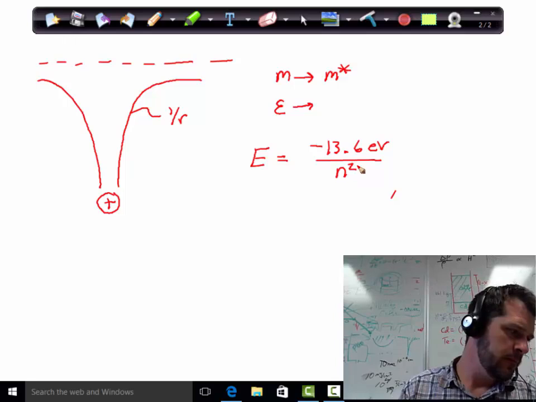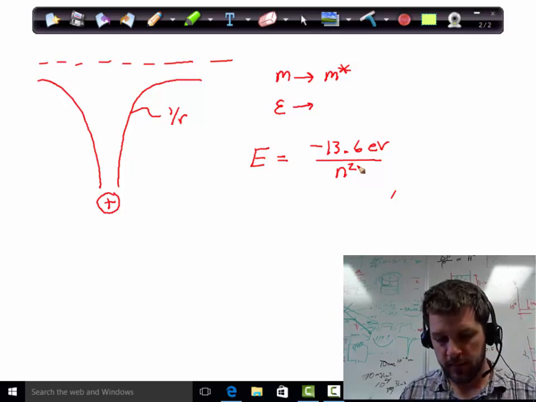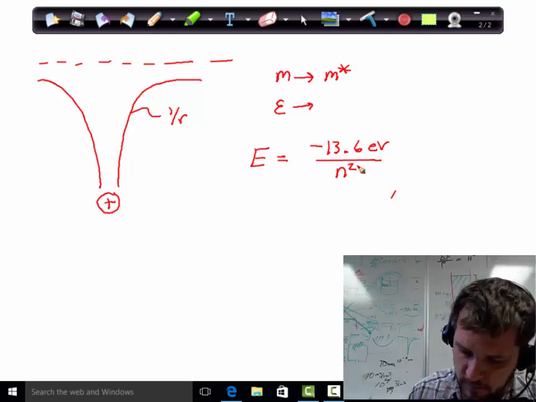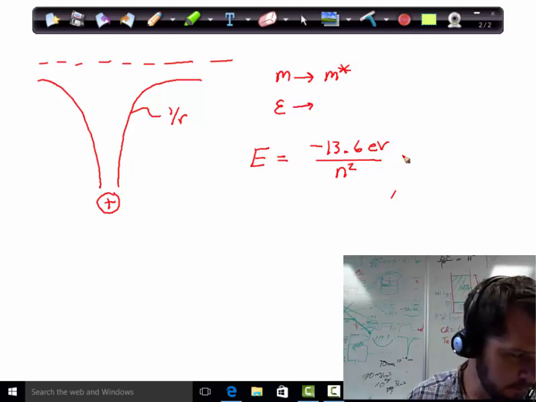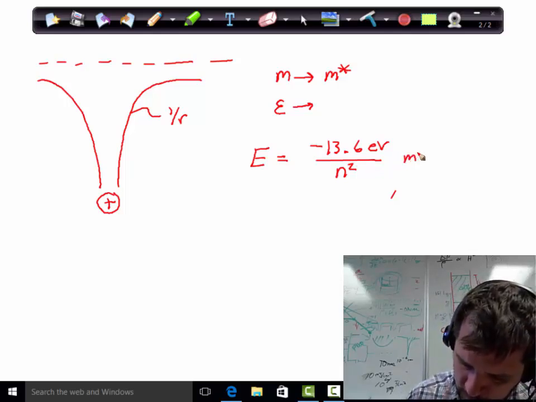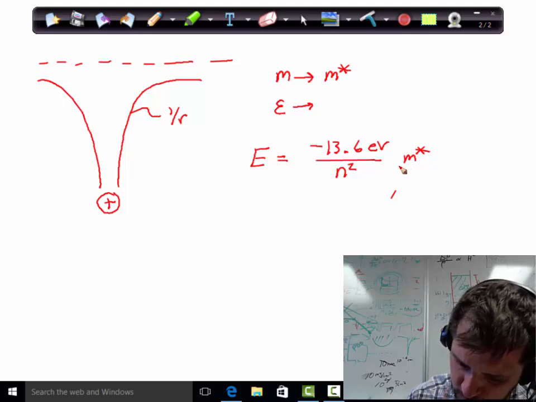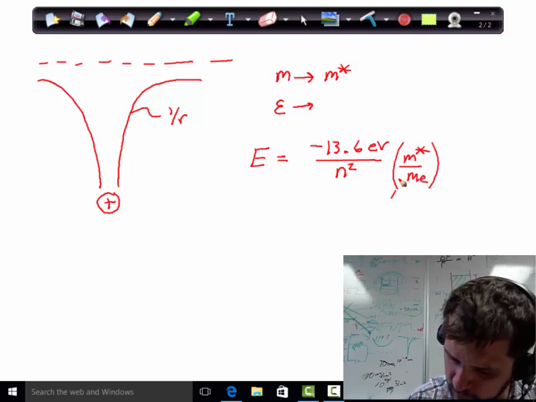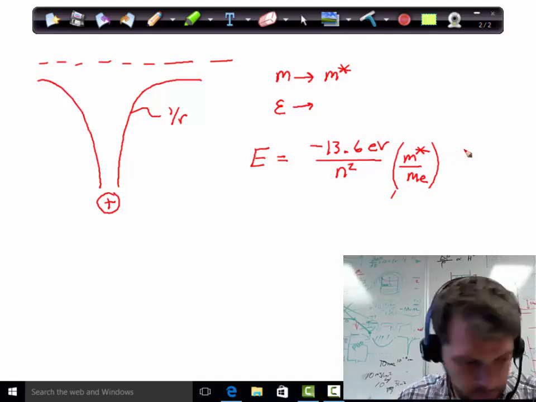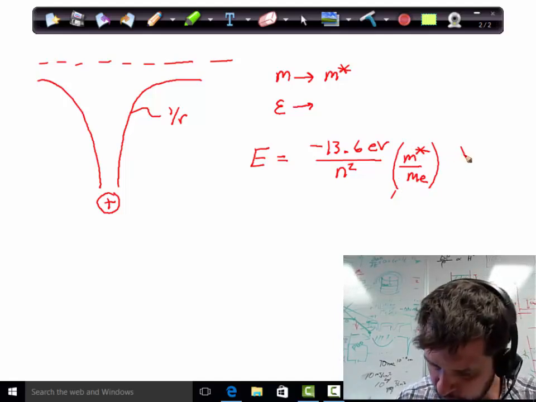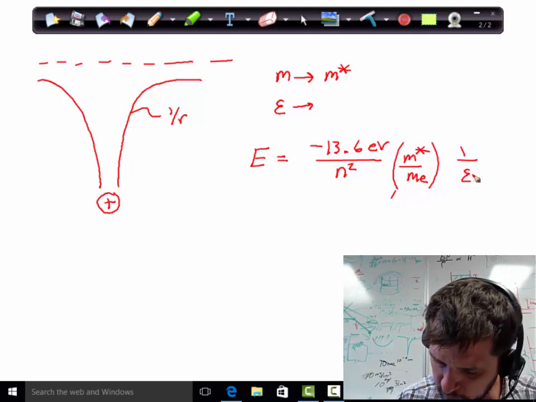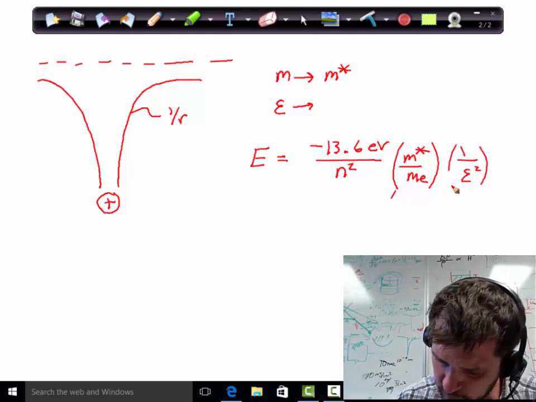And then we can do a couple of correction factors to get what should happen inside the semiconductor. It turns out that what we need to do is multiply by the effective mass, m star, over the electron mass, and then divide by the dielectric constant squared of the semiconductor.